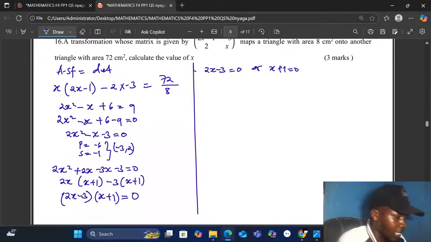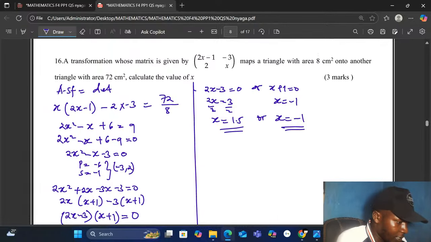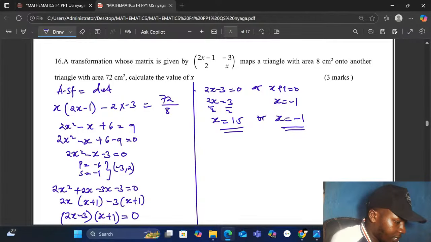So 2x will be equal to 3, so x is equal to 1.5, or x is equal to negative 1. So this is what we are going to have as our values of x. So calculate the value of x. So these are the values of x that we are getting. That is how now you get your 3 good marks for question number 16.